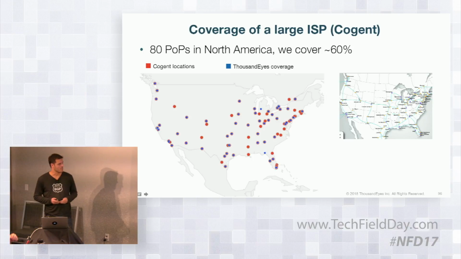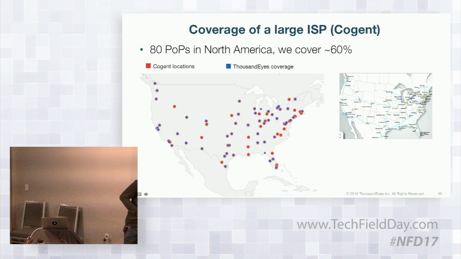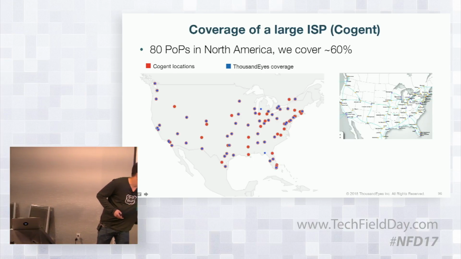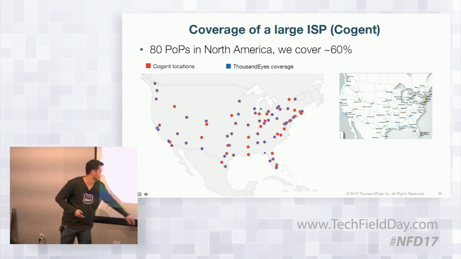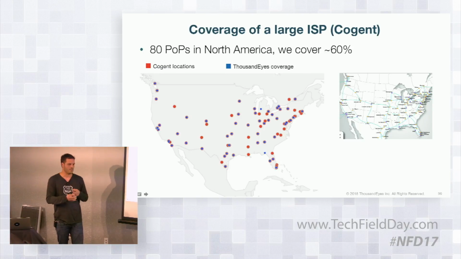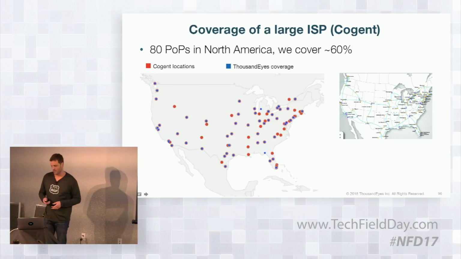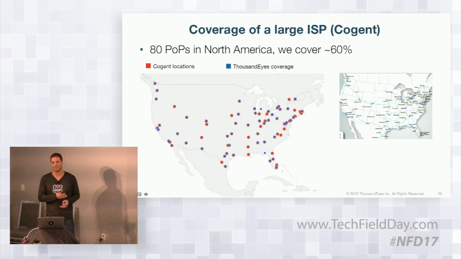I would say it's probably a bit over 60%, just because there are cases like this where our agent covers this point, and there are collocated points there, and our geolocation is not accurate enough to distinguish those two locations. But this is just another way to look at coverage. Obviously, this doesn't scale to do this study across all the networks. It's pretty hard to do, because you need ground truths for all the networks you want to look at.